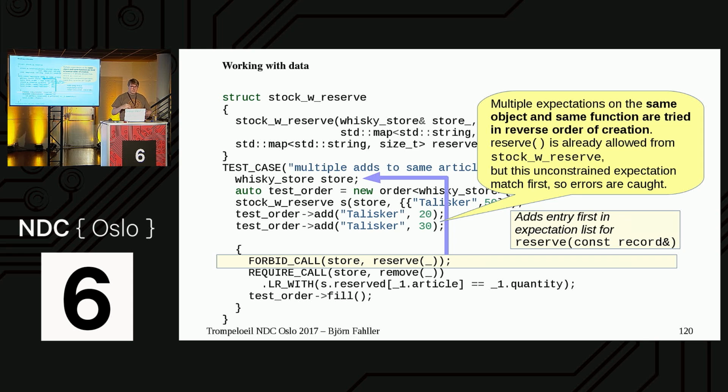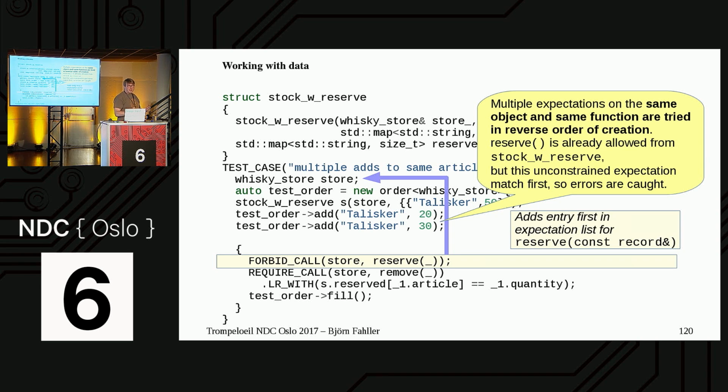And when there are several competing expectations for the same call, they are tried in the order they are found in the list, in the reversed order of creation. So this forbid call was created last, therefore it's first in the list. And this one is completely unconstrained. It matches anything, and it is forbidden. So if there is a call to reserve here, we will get a failed test. So that is good.